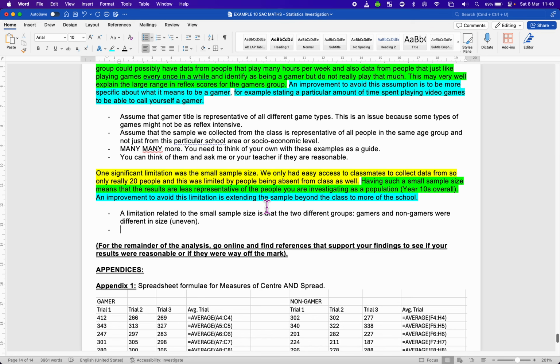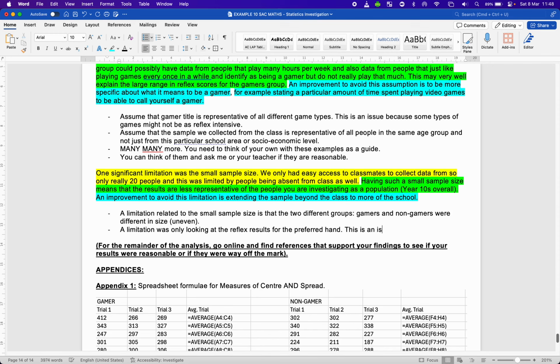Okay, what's a limitation? What else is there? Another limitation was only looking at the reflex results for the preferred hand.